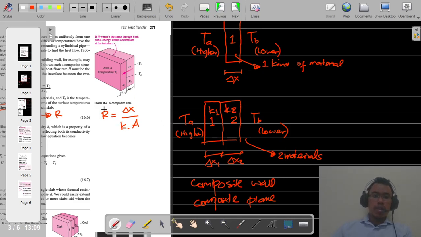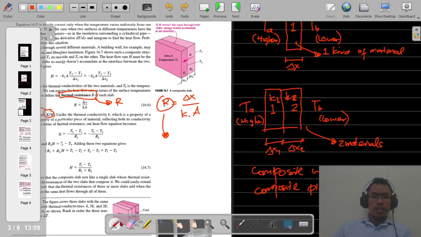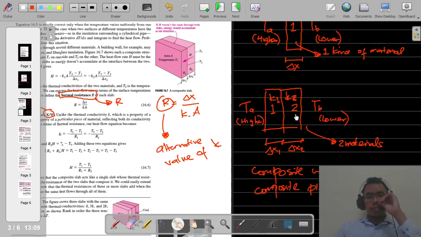So R is the alternative value of K. Because we want to combine these materials into one material.